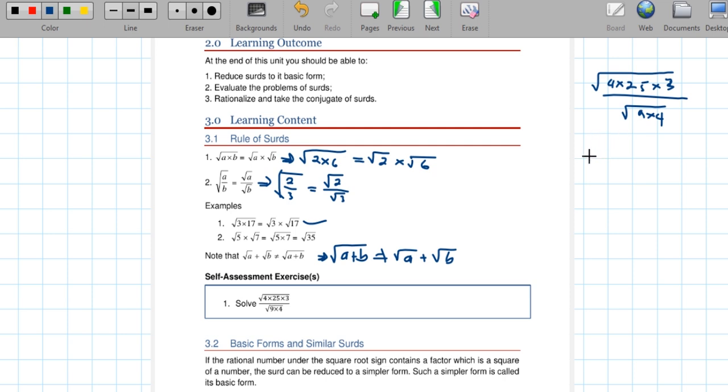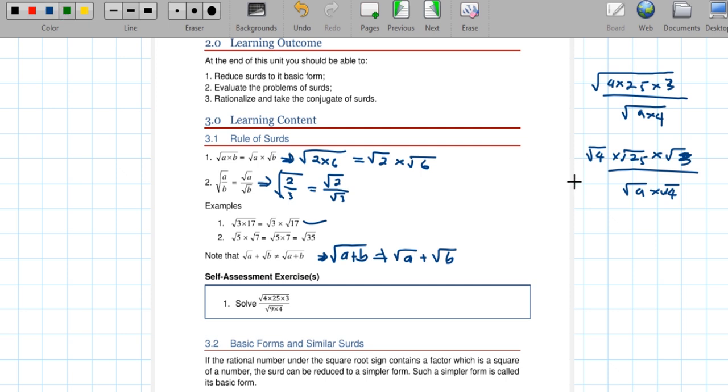Applying these rules, we can split this into the square root of 4 times the square root of 25 times the square root of 3, all divided by the square root of 9 times the square root of 4.